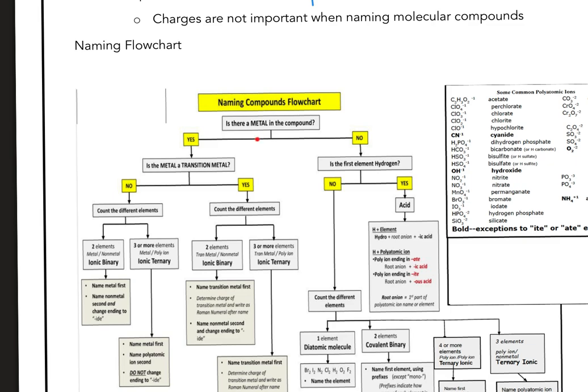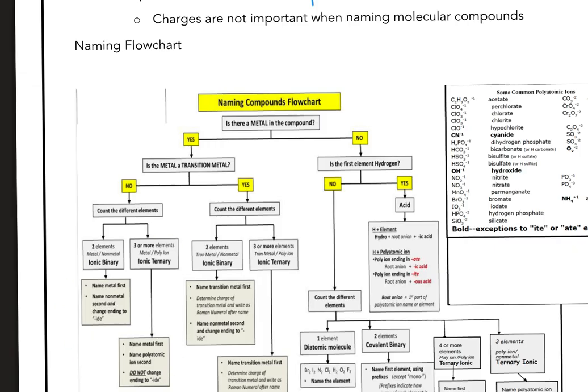First question, is there a metal in the compound, okay? If there's a metal, there's going to be ionic naming, all right? If the metal's a transition metal, that means that there is going to be Roman numerals, all right? If there's no transition metal, no Roman numerals, okay?